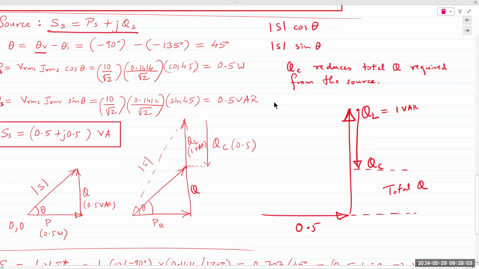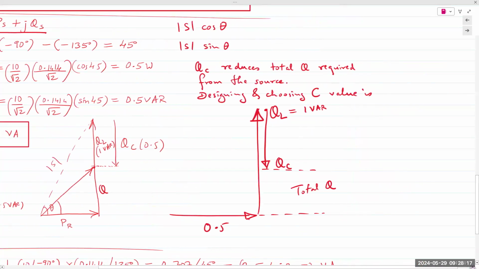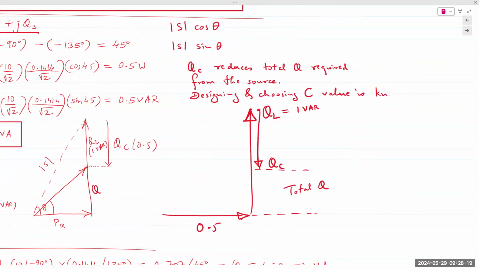Actually, designing and choosing power factor correction. Okay.